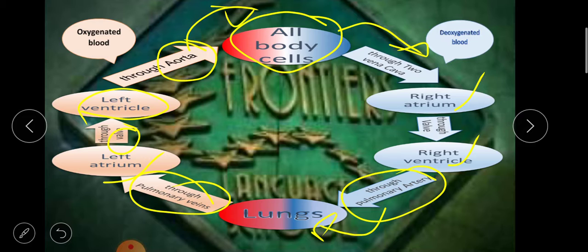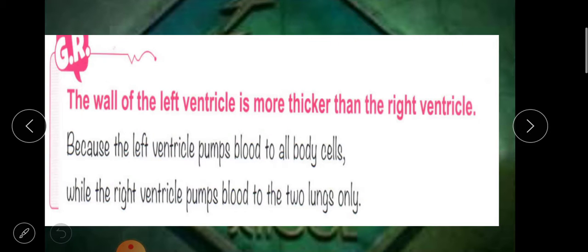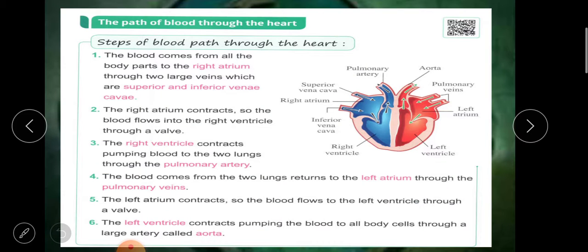Okay, do you understand the path of the blood through all our body? If I told you that the wall of the left ventricle is thicker than the right ventricle, let's see it in this picture. Look, the wall of the left ventricle is thicker than the wall of the right ventricle.